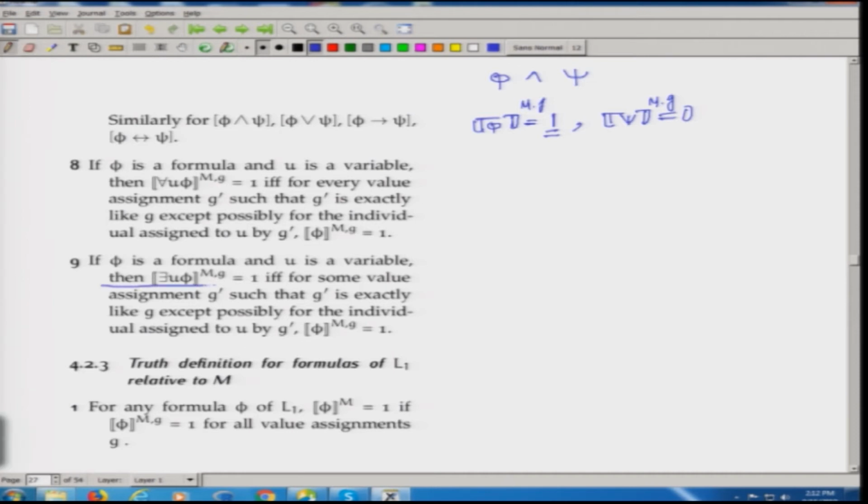We are reading this rule if and only if for some value assignment g prime such that g prime is exactly like g except possibly for the individual assigned to u by g prime, the denotation of phi with respect to m and g is 1. Now, we need to understand these two things. Then we get back to the section 2, 3, 4.